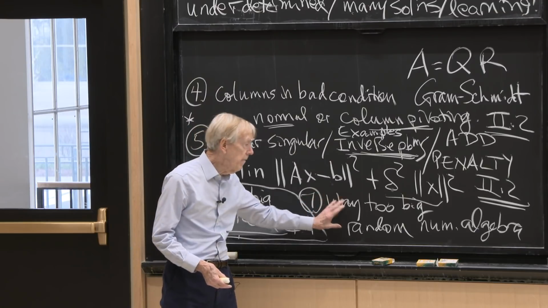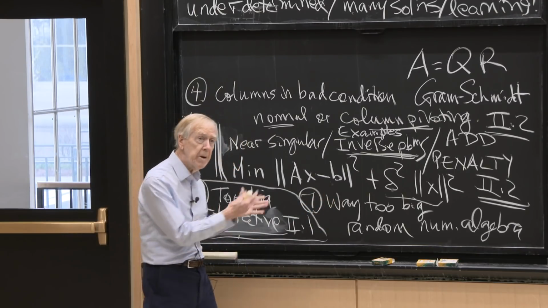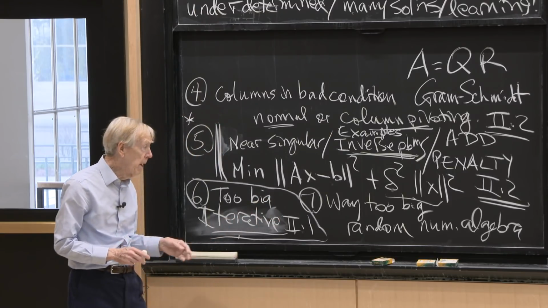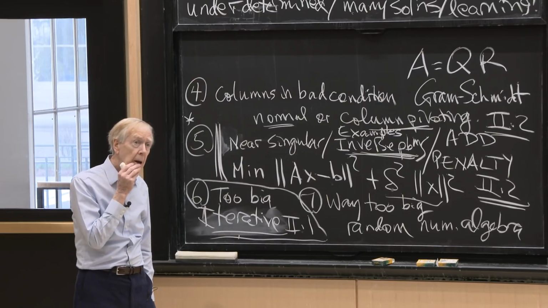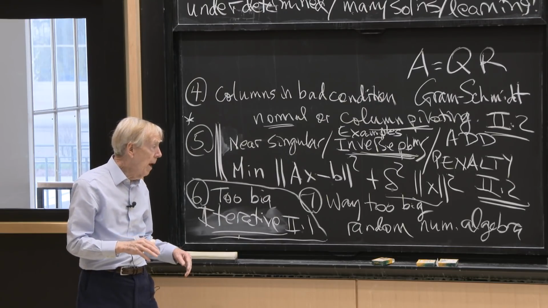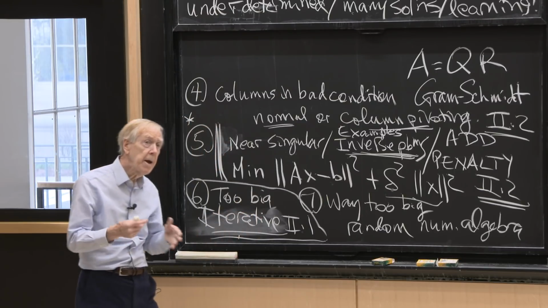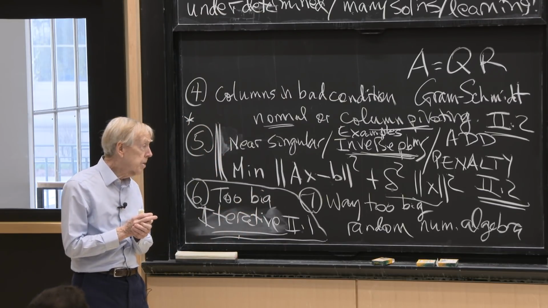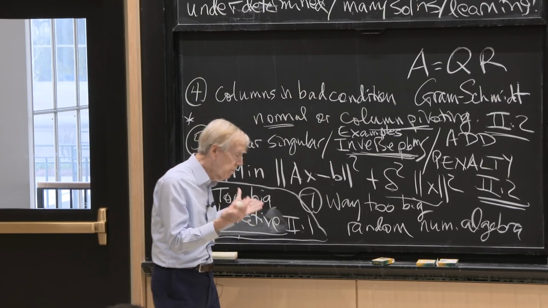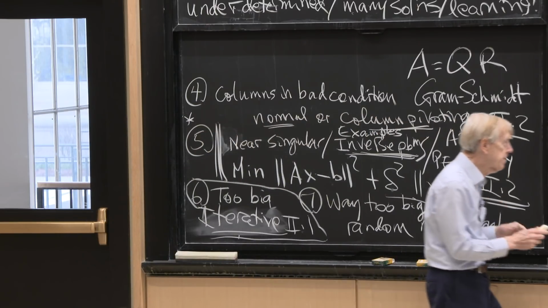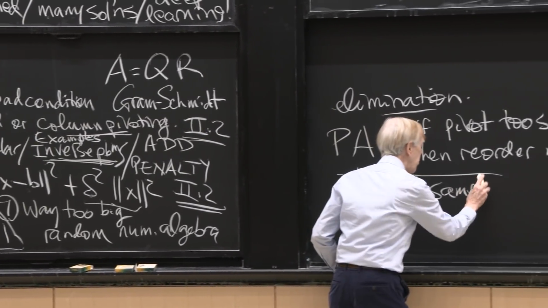So if the matrix is way too big but not too crazy, so to speak, then you could sample the columns and the rows and get an answer from the sample. See, if I sample the columns of a matrix, I'm getting some. So what does sampling mean? Let me just complete this. Add a little to this thought.